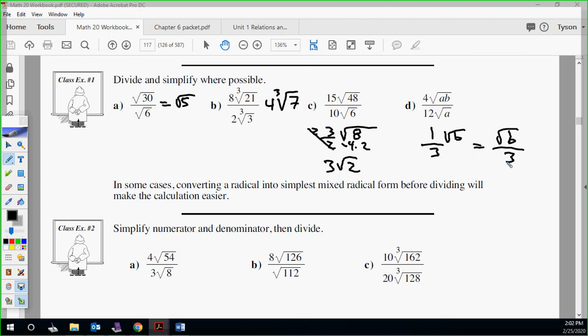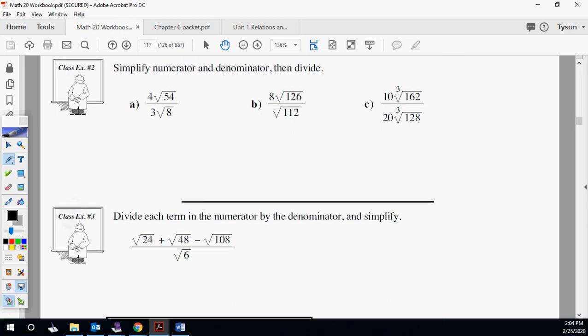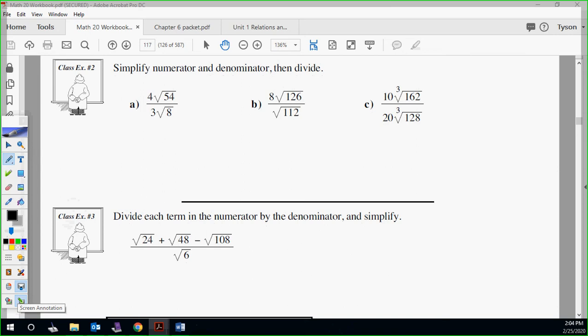Okay, in some cases, converting a radical into simplest and mixed radical form before dividing will make the calculation easier. So what they're saying is that you can break down the stuff here first, because 54 doesn't go into 8, or 8 doesn't go into 54, and so that doesn't really help me. So what happens if I break this down?